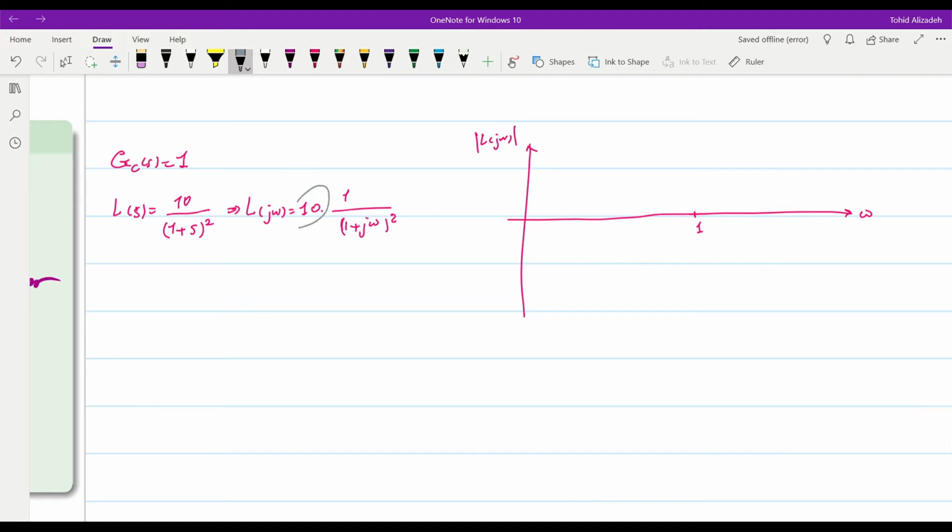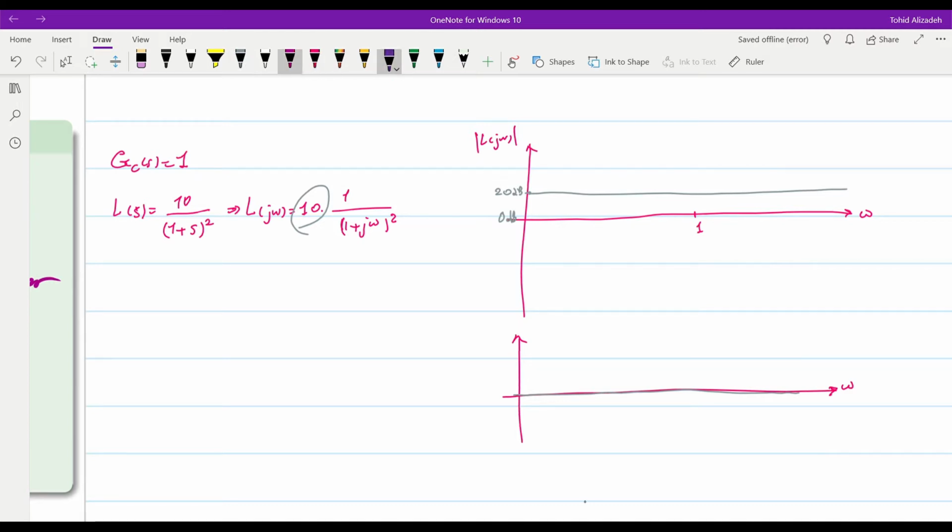For 10 we will have a constant value of 20 dB as the amplitude, and in terms of phase it will give us 0 degrees. And then for 1 over 1 plus jω squared, we have two poles at omega equal to 1.